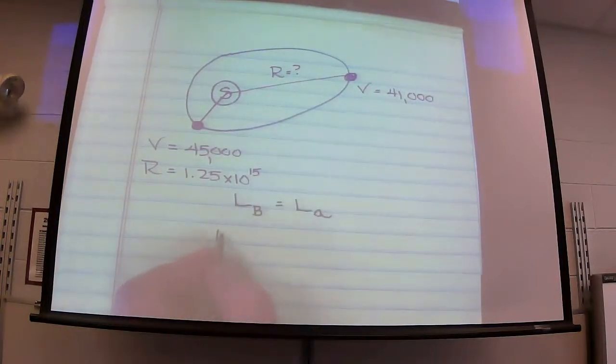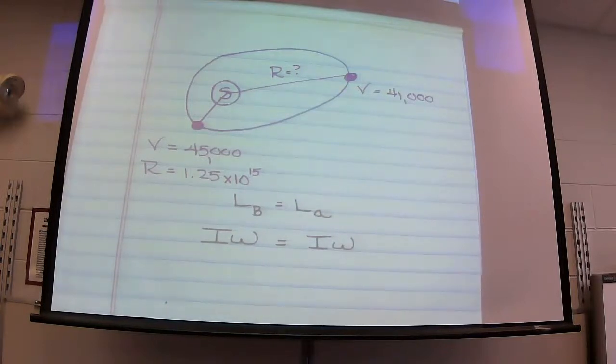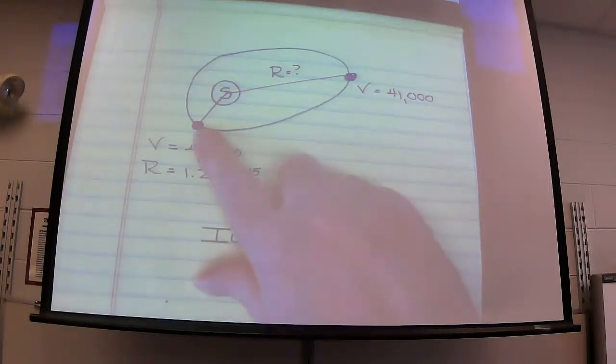The I omega before equals the I omega after. What do you think the I of a planet should be? Did they tell you about the radius of the planet anywhere? No. That means that, from the perspective of grand space, you can treat the planet as a point mass.